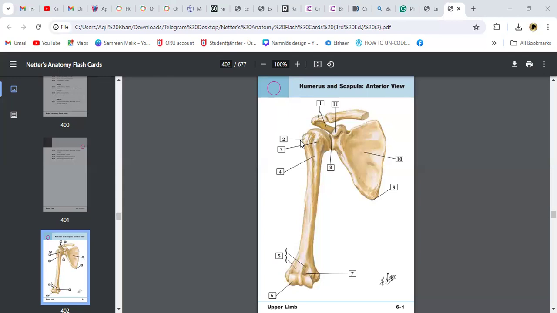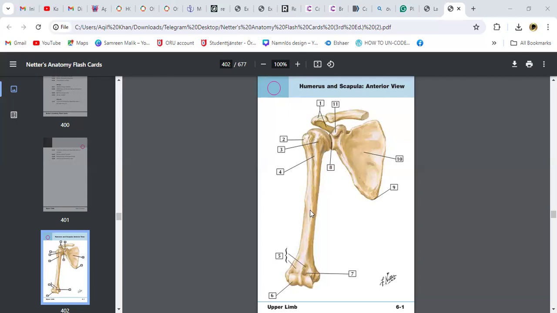You would have to tell me. Number three, because if this is greater, then something lesser has to be there. So this is the lesser tubercle of the humerus. Number four is here. This space is called the intertubercular sulcus.